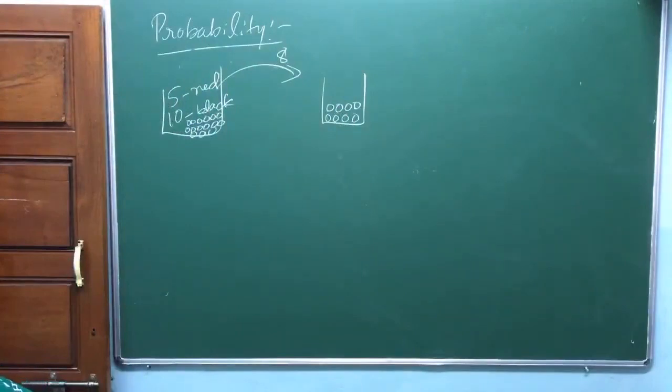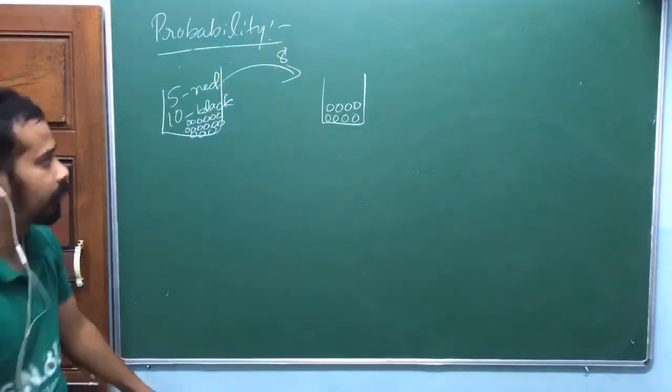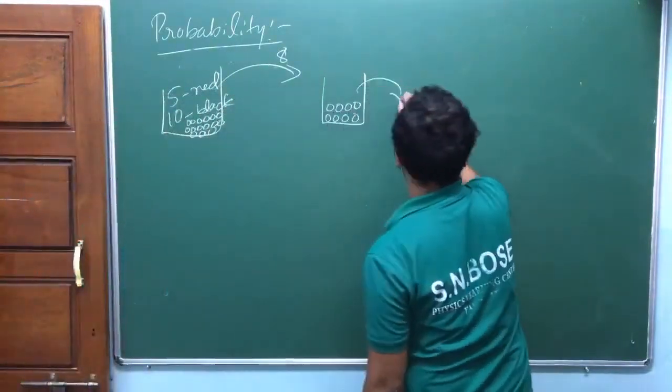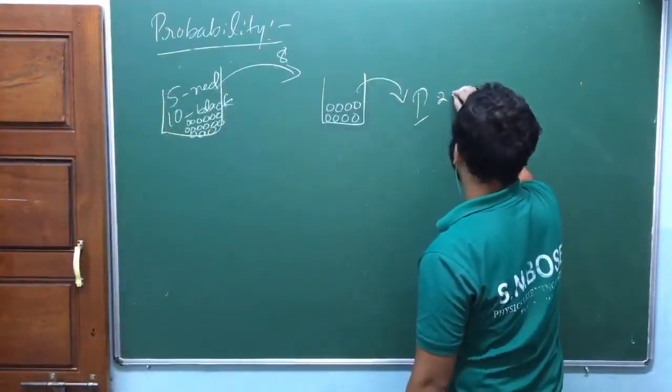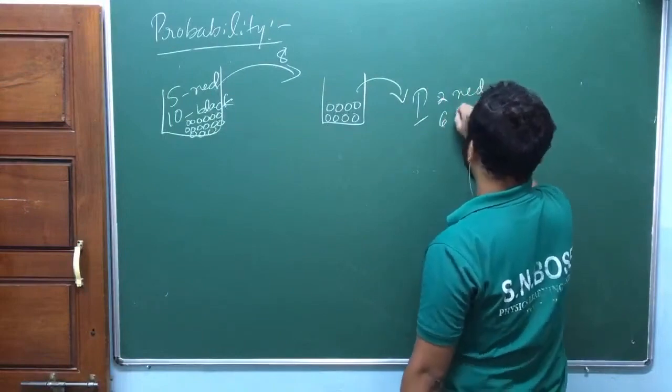What is the chance that the latter contains 2 red and 6 black balls? What is the probability that it contains 2 red and 6 black balls?